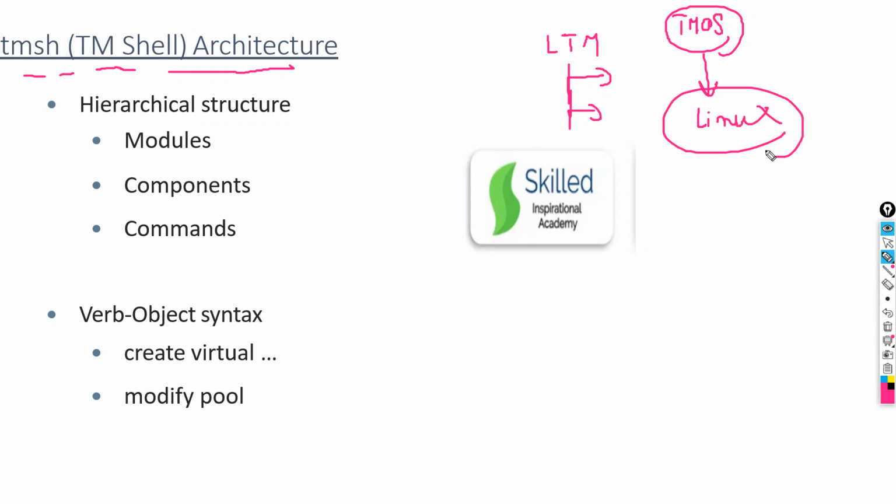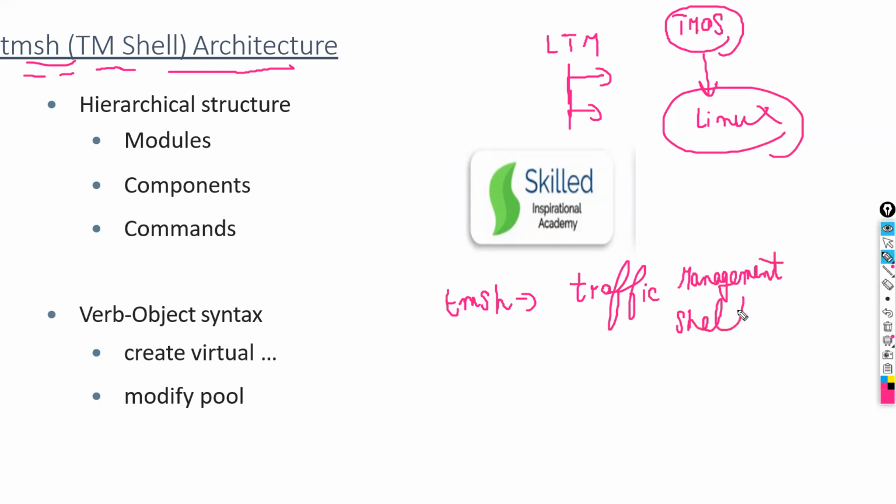We talked about, right? When we log in into Putty, we need to go to TMSH, which is called Traffic Management Shell. So why is it called shell? Let's come to that.